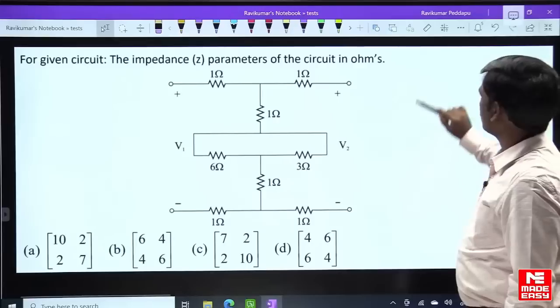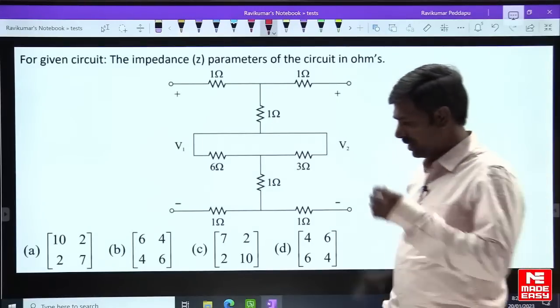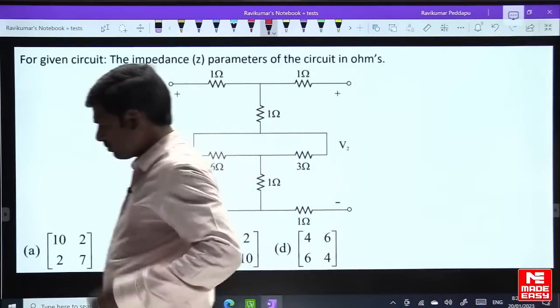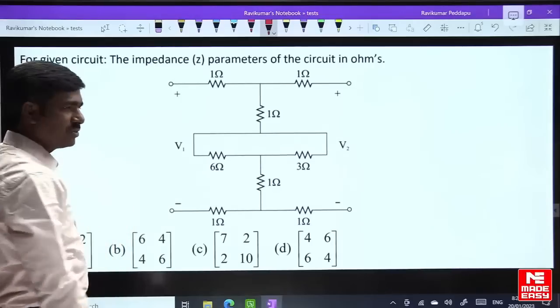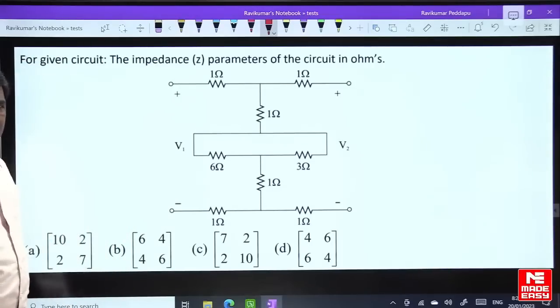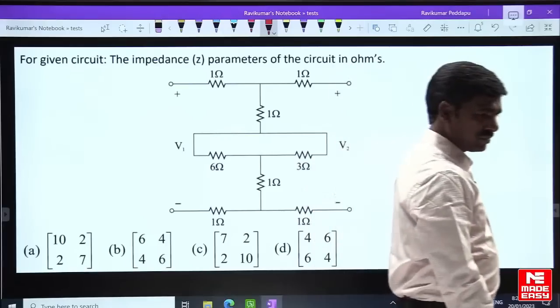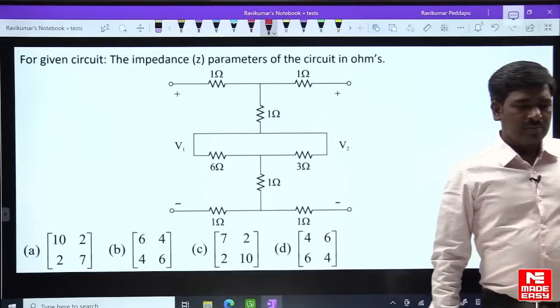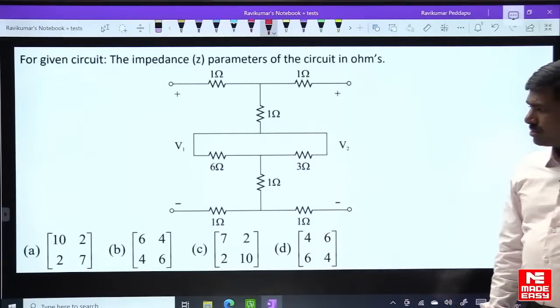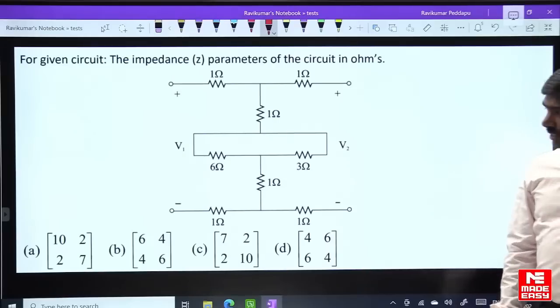Next, moving to the 2-port networks problem. So very simple question. Directly बोल सकते, देख के बोल सकते. कभी कभी simple questions भी देते हैं गेट में. I think it is visible.